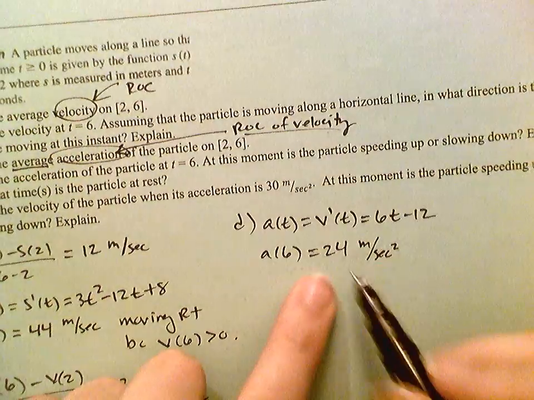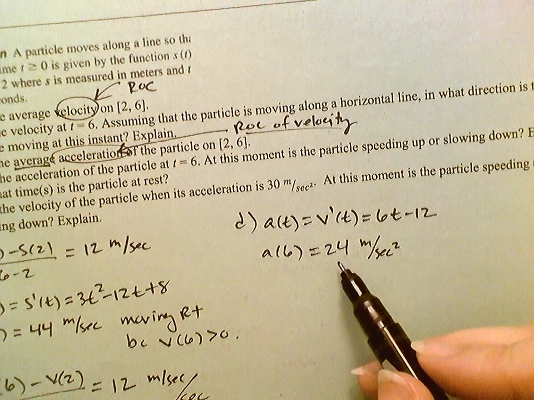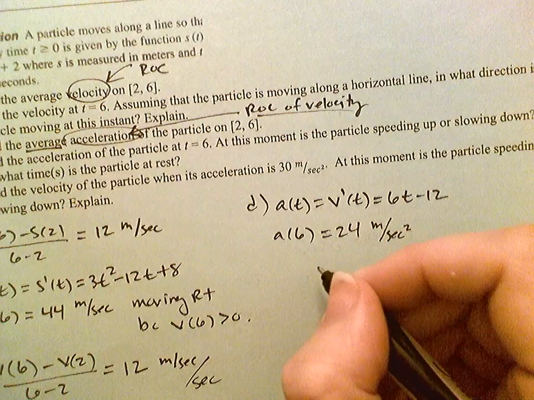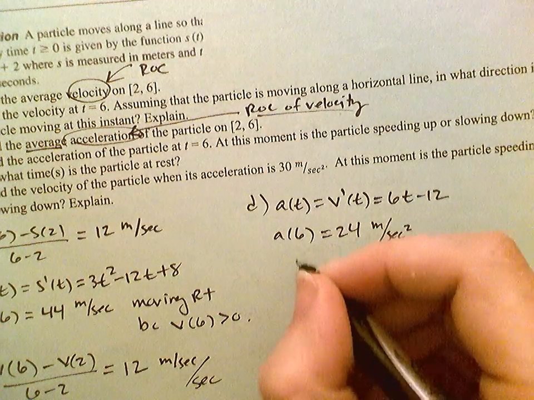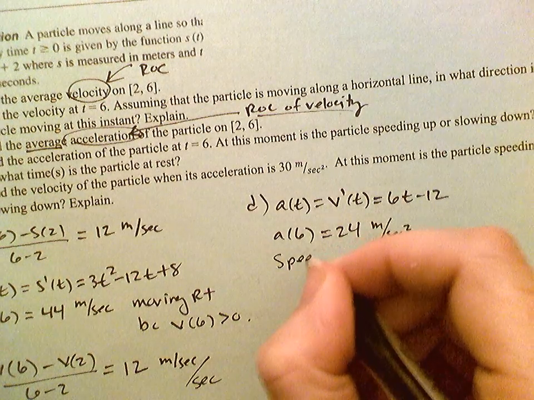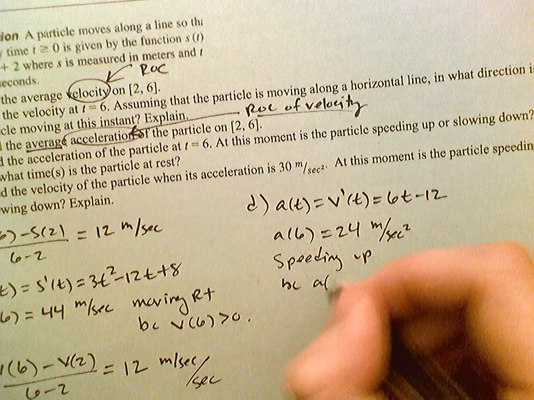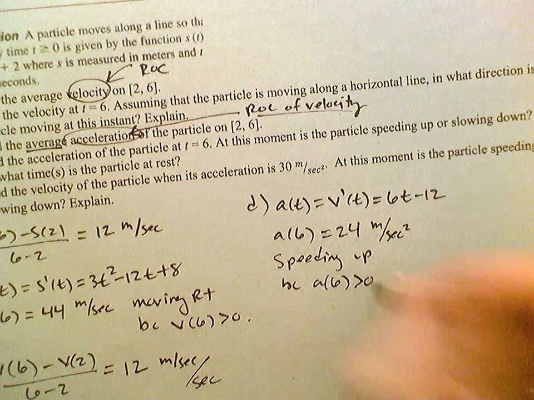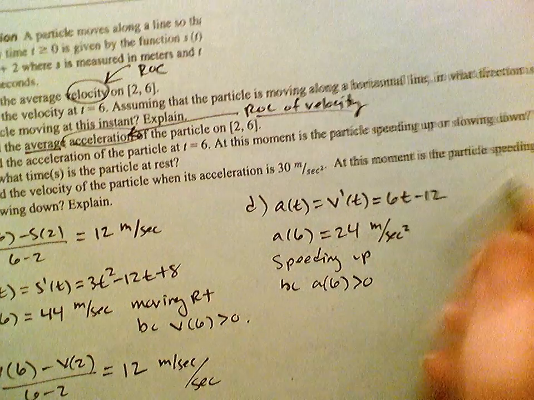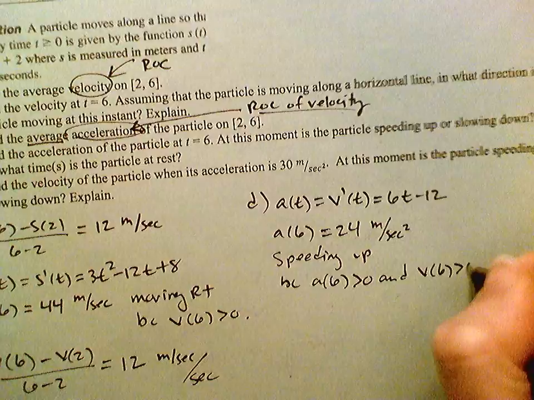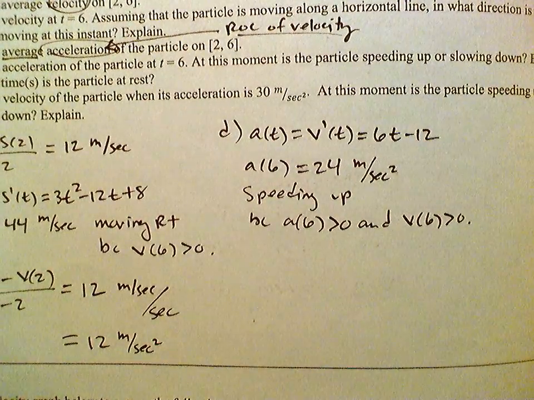So I'll say speeding up because a of 6 is greater than 0 and v of 6 is greater than 0. Okay, so they have the same sign. All right, so that was part D.